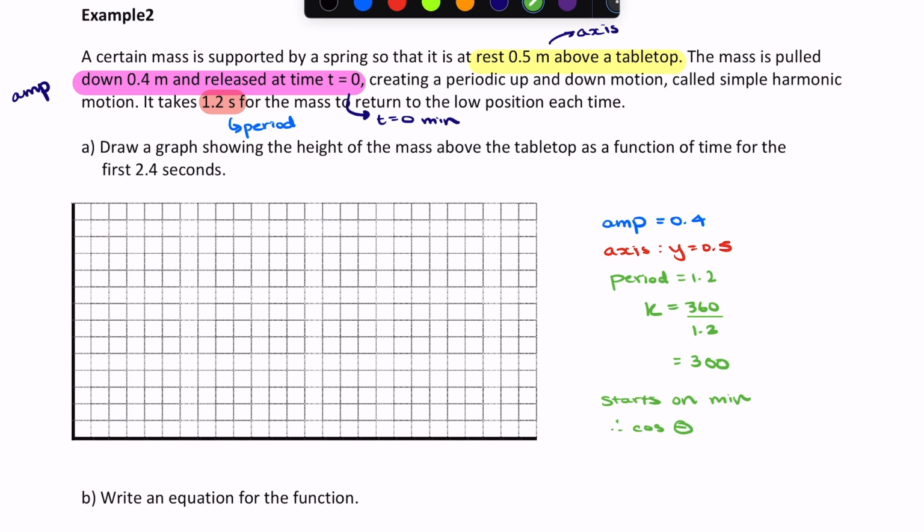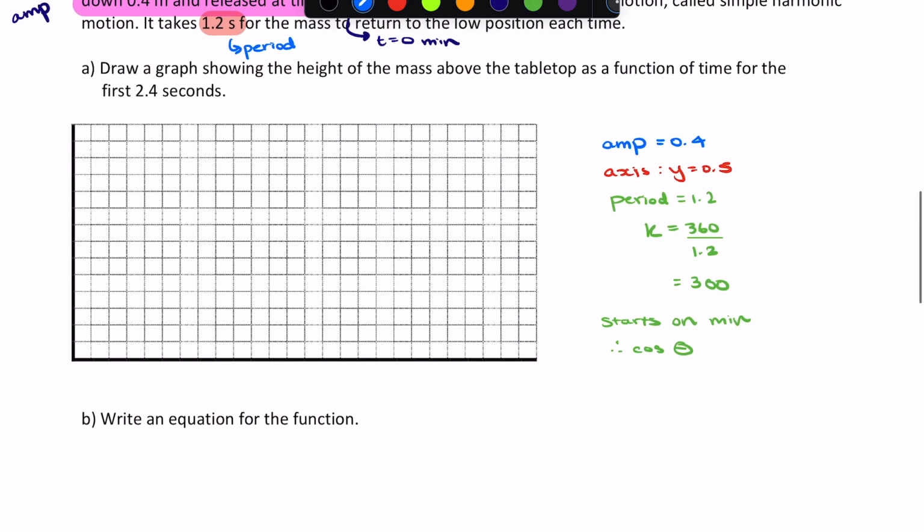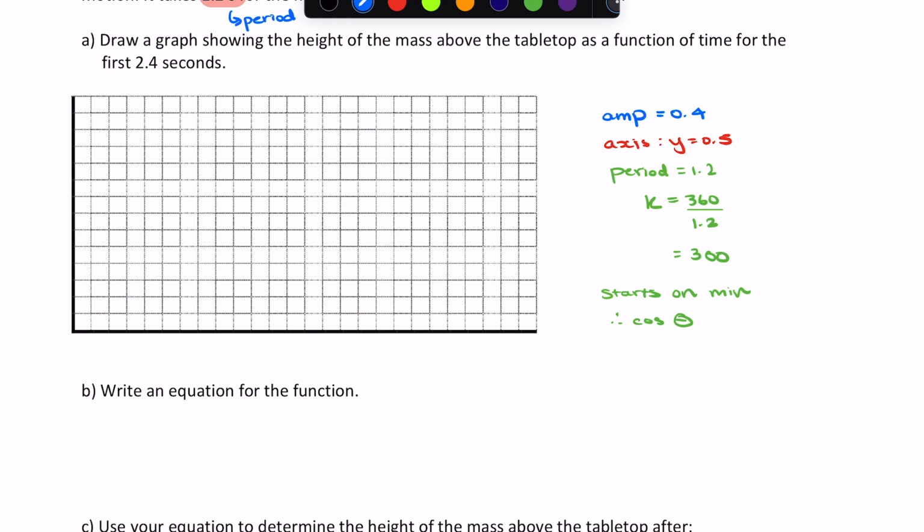Okay, so if we graph this, we'll go from our time, and our time in seconds, then we'll go up by 0.1, and here we'll represent every 0.4.